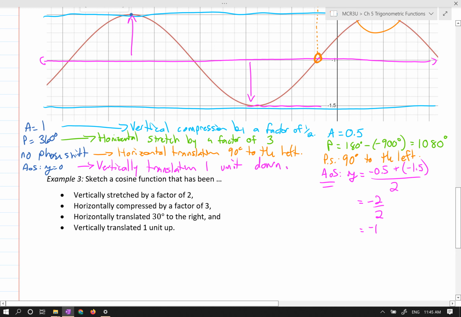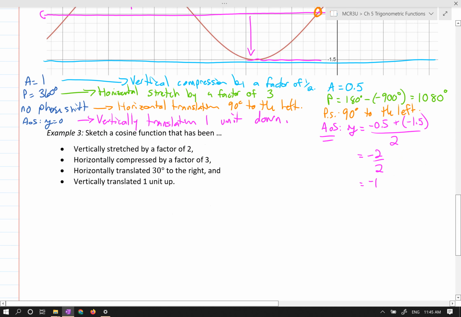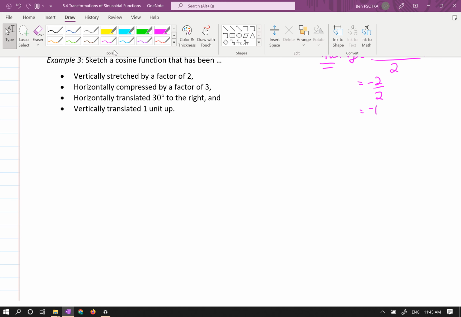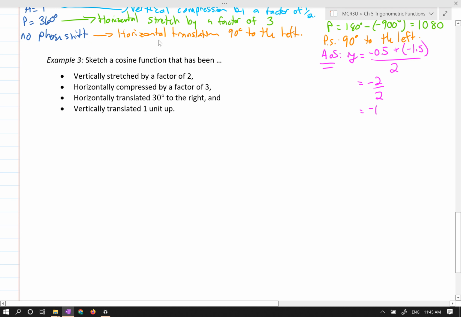All right, nice work. Now lastly, this is the exact same example as last time, so we're going to have to change it up. Rather than sketching a cosine function that has these transformations, we want to determine the characteristics of this function.